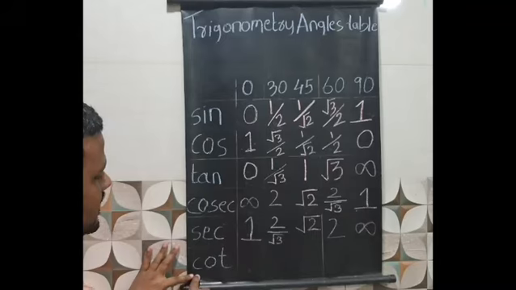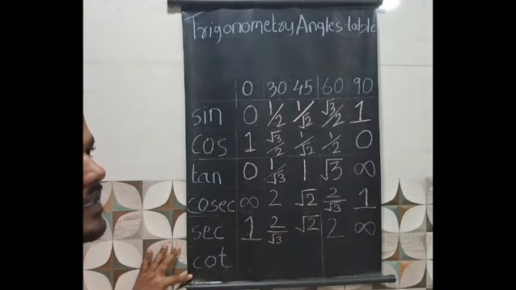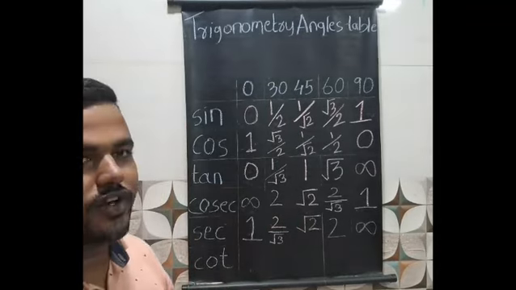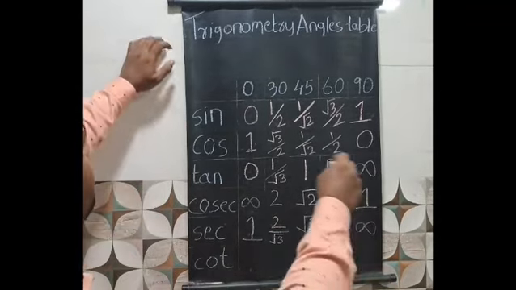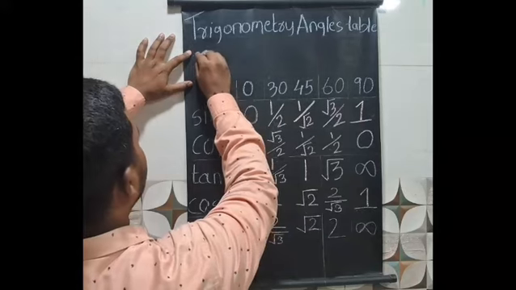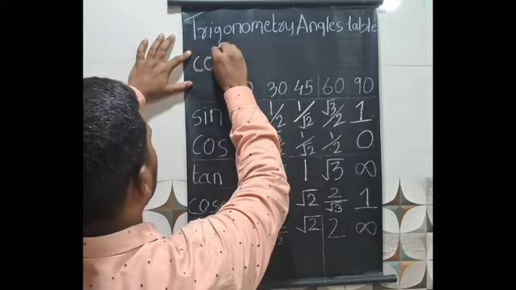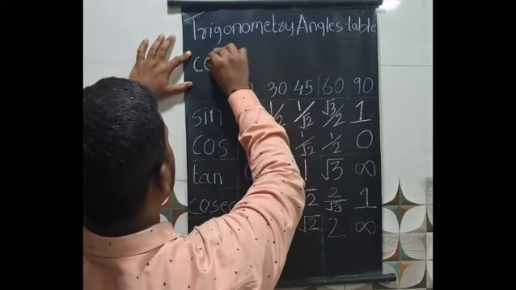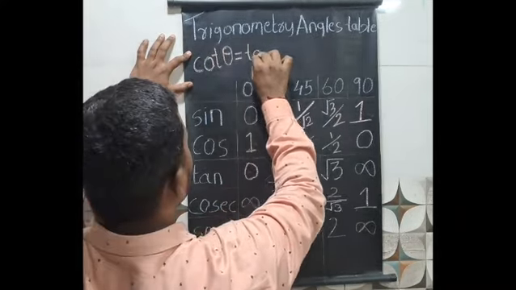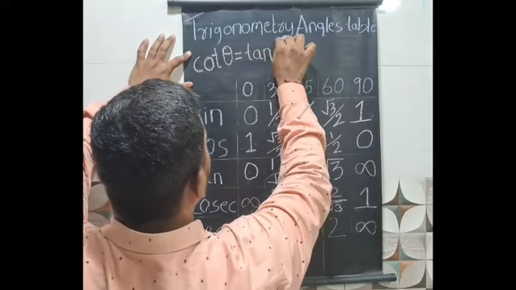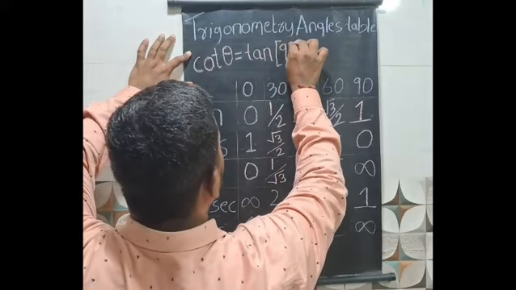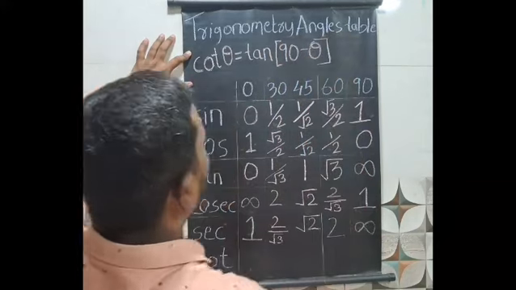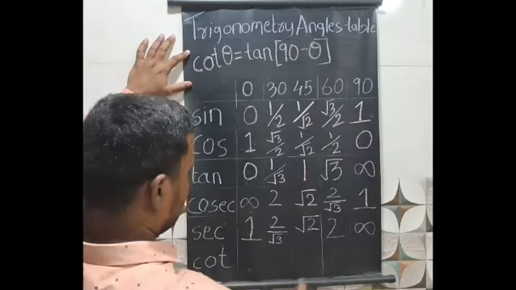Now we are left with cot. If you remember, in the previous video we learned a formula for complementary angles. We can write that formula as cot theta is equal to tan of 90 minus theta. We are going to use this formula to derive the values for cot.